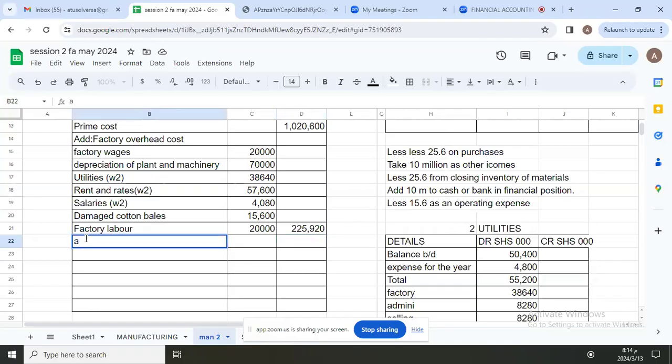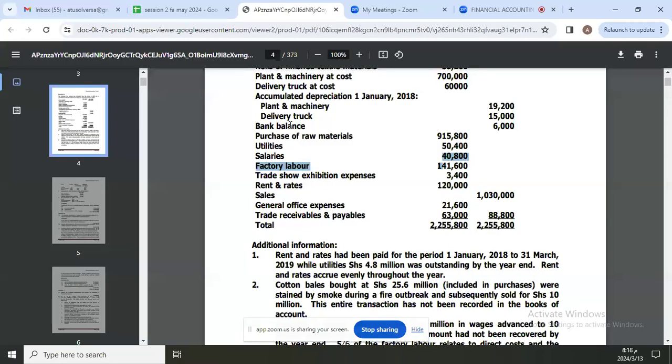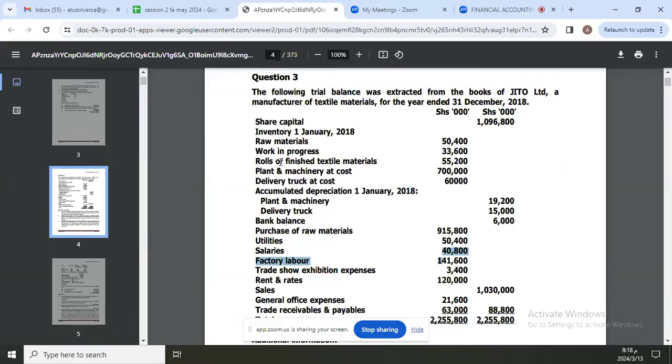We add opening work in progress. How much is our opening work in progress? Let's check at the beginning of the question.